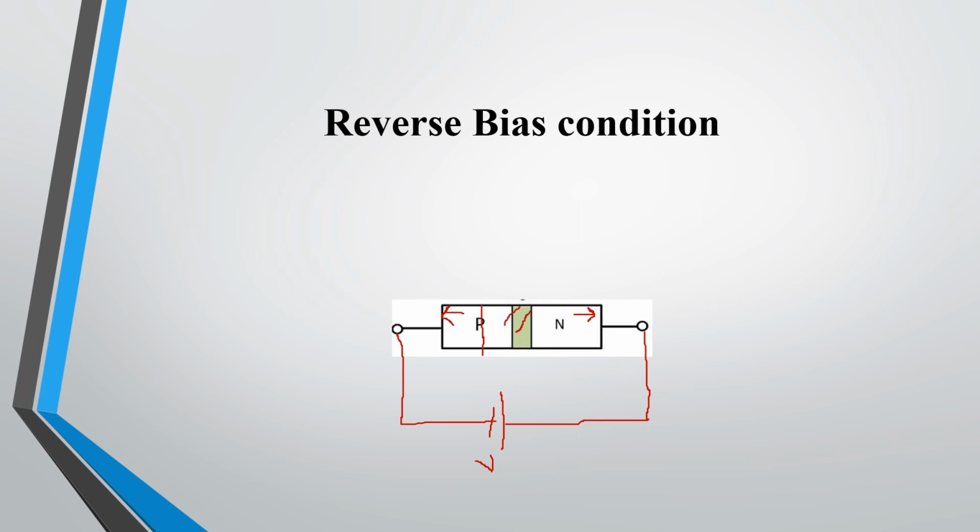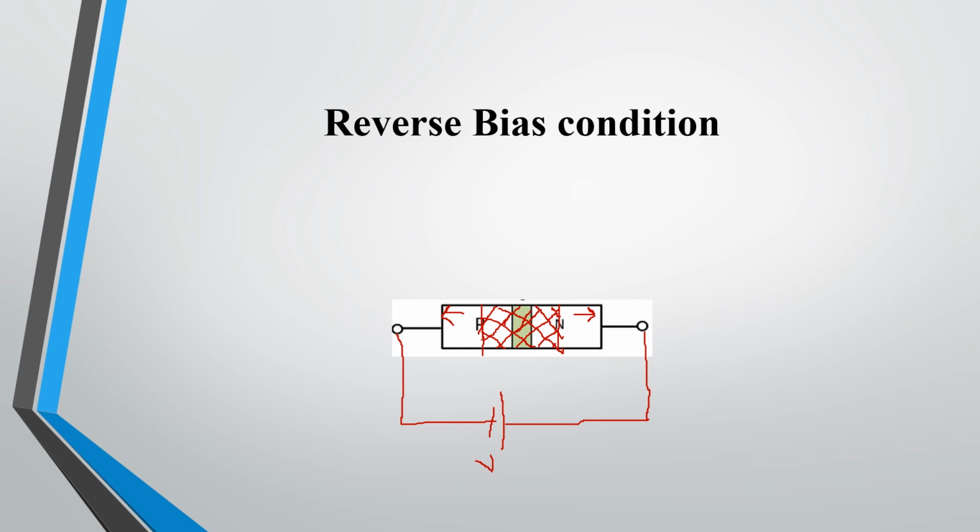So it will be like this. All the majority charge carriers will move out of the junction and it forms a widened depletion region. Hence the diffusion current will be very low or negligible, or it is zero.